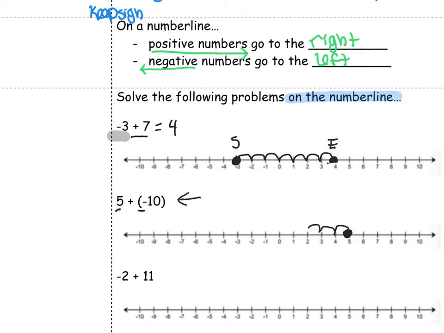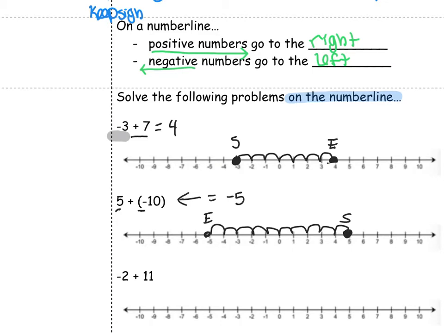So 1, 2, 3, 4, 5, 6, 7, 8, 9, 10. So we end here. 5 plus a negative 10 is a negative 5.